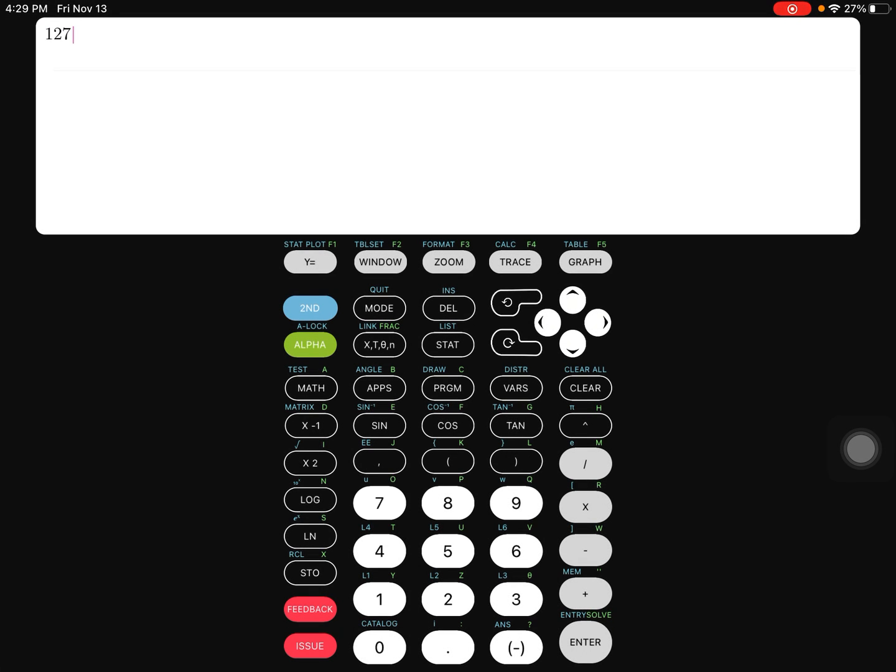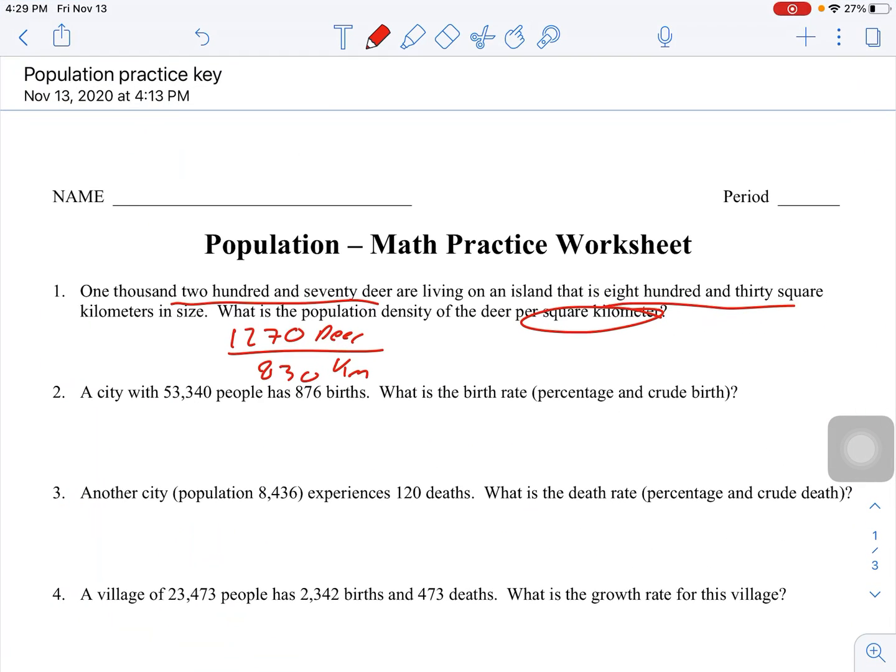So 1,270 divided by 830, and that tells you there's 1.53 deer per kilometer. It's actually square kilometers, but that's okay. All you've got to do is take the number you have and divide it by the area, and that gives you your population density.